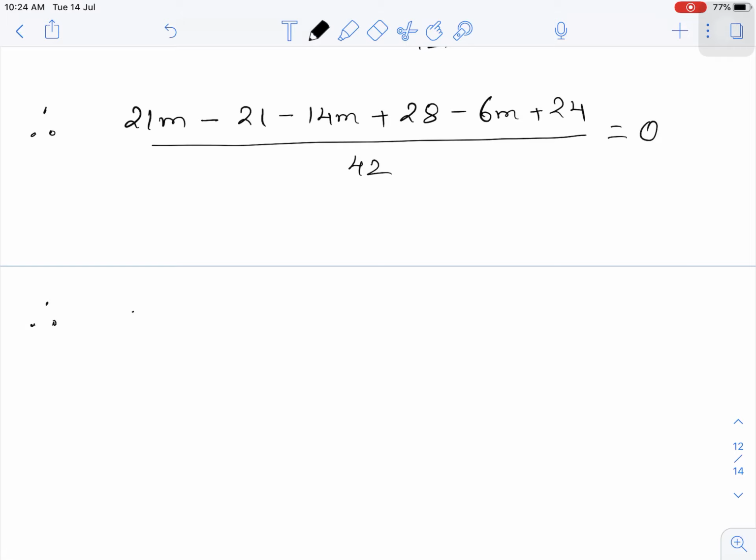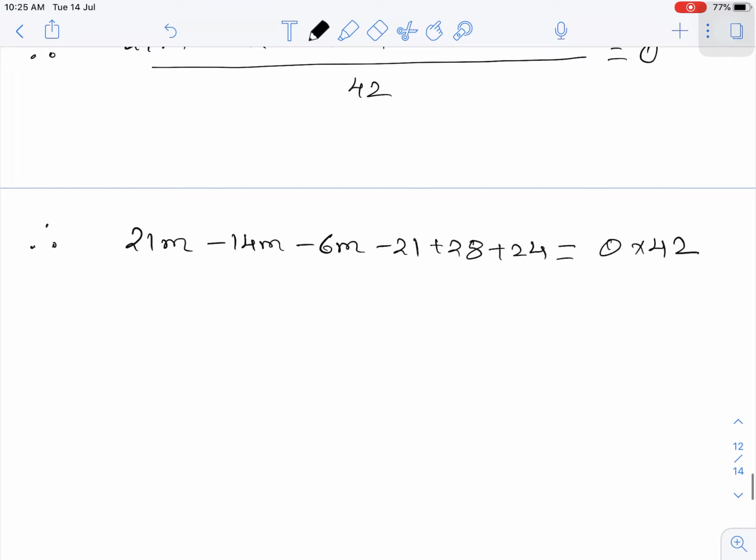So what you will get, 21m, then next we have minus 14m, then next we have minus 6m, then we have minus 21, then plus 28, and then plus 24 equals to, now we will change the side of this 42, so you will get 0 into 42.